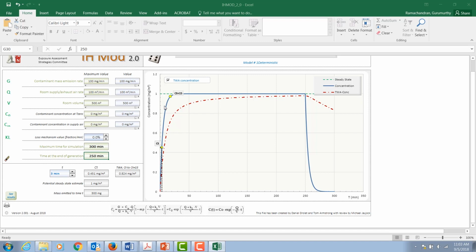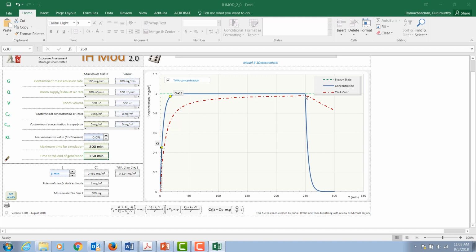And so we can see that the concentration rises rapidly and reaches its steady state value around 33 or 34 minutes, and then it stays constant at 1 milligram per cubic meter all the way up to 250 minutes. And at that point, the concentration starts falling because the generation rate now goes to 0.